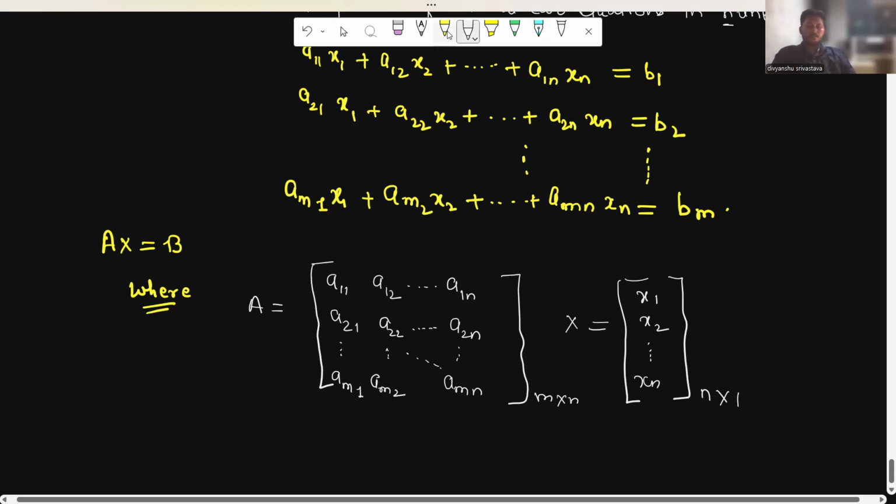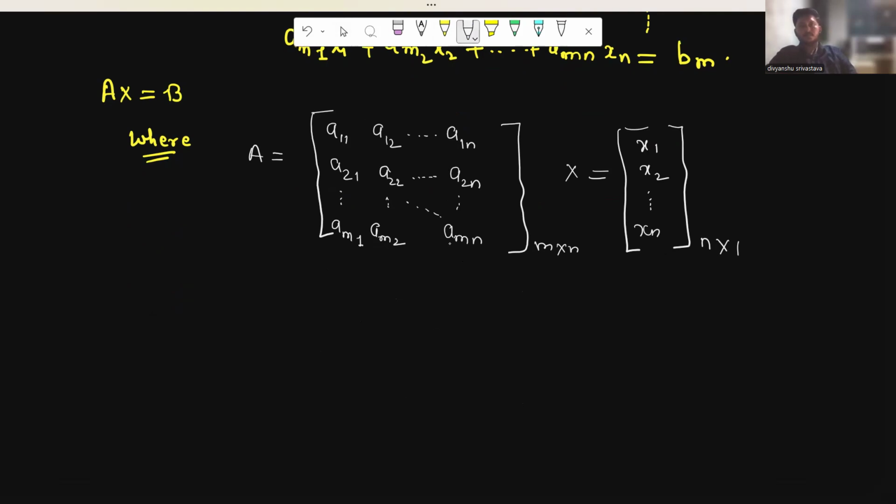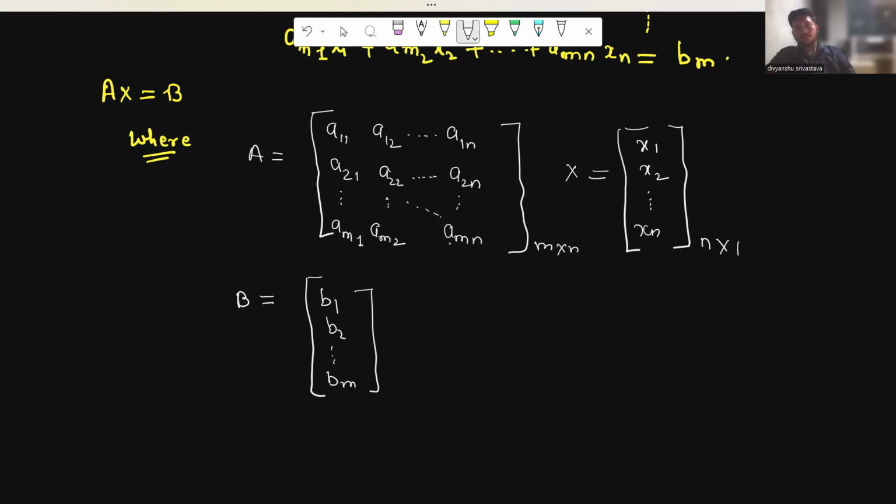And lastly, for the b part, how do you represent it? b1, b2 going up to bm, with dimension m cross 1.